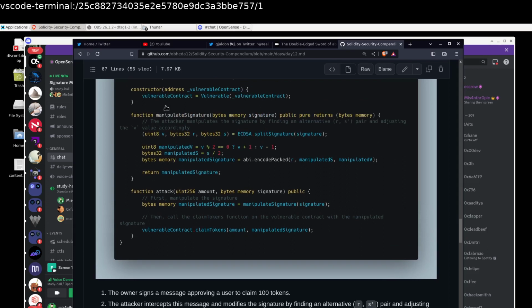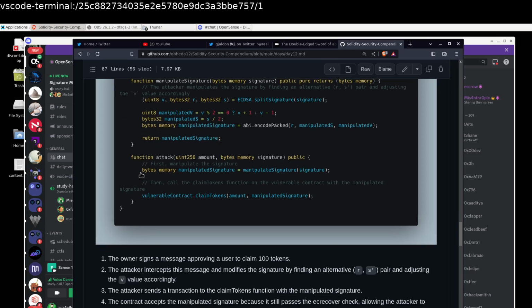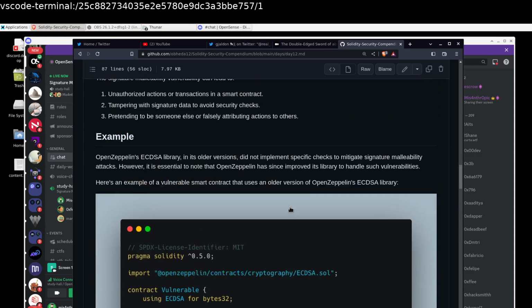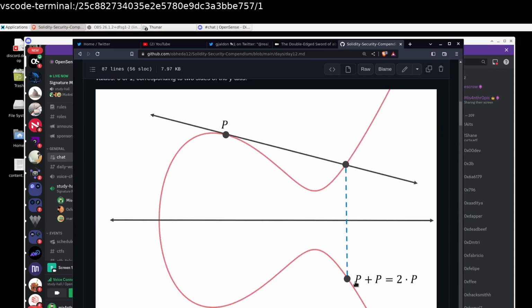Yeah, so the attacker manipulates the signature by finding an alternative R and S pair, adjusting the V value accordingly. So he's trying to find the corresponding points of this signature, the points on the other side here.